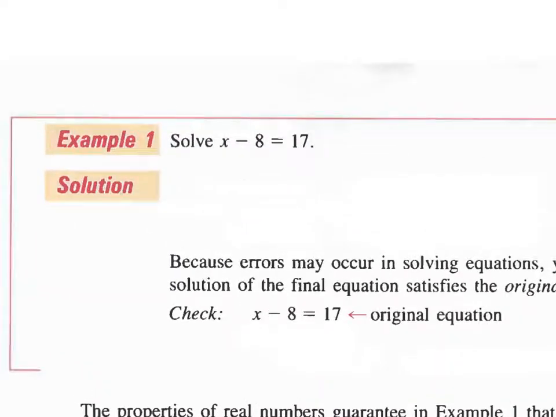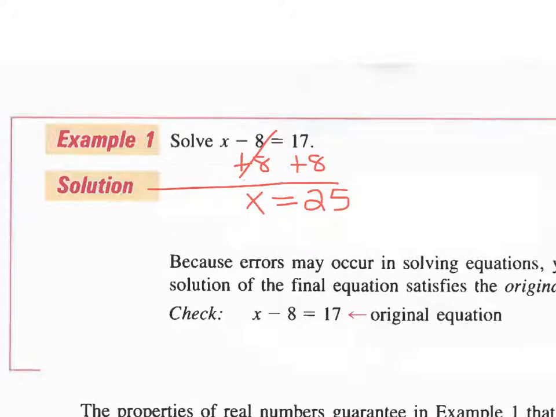Here is another one, and we're going to apply the addition property of equality. You must show this work. Add 8, it cancels from the left, and we get x equals 17 plus 8, and I get 25.